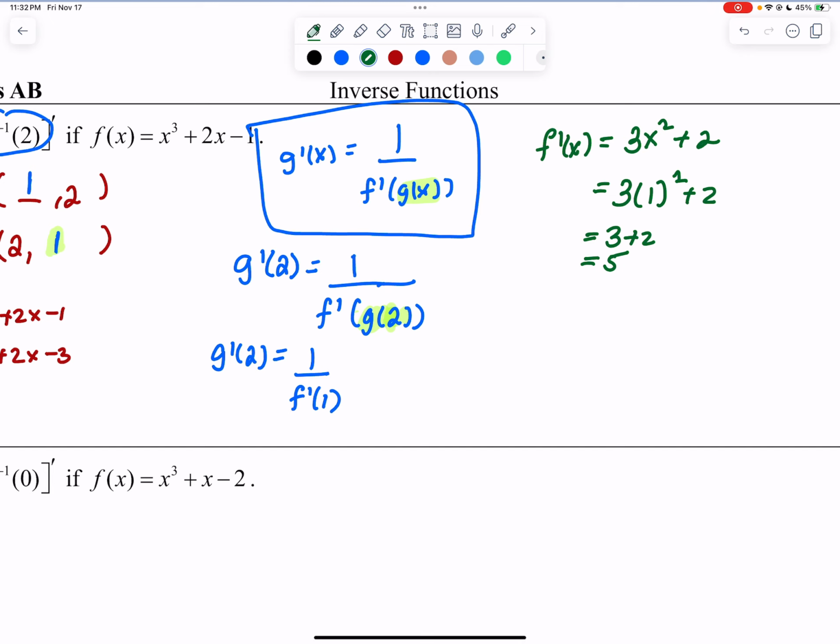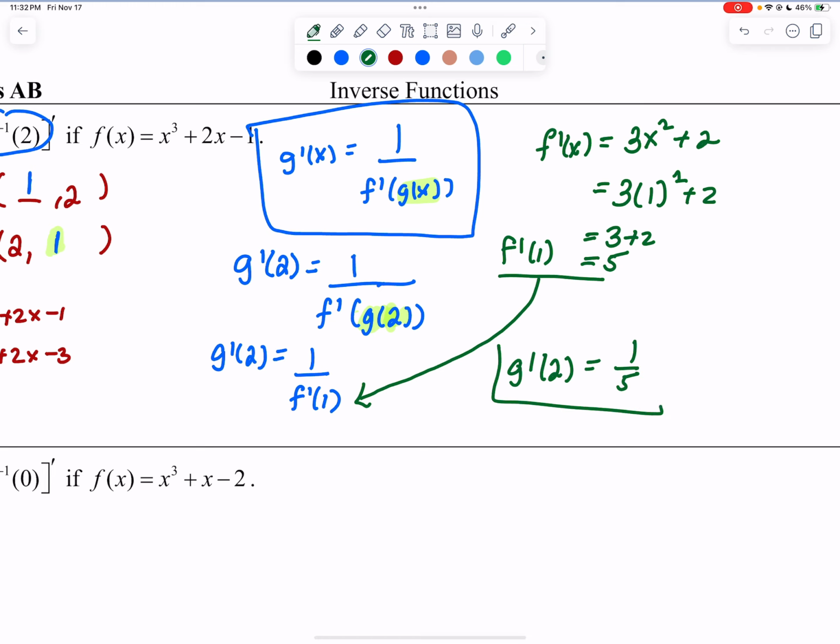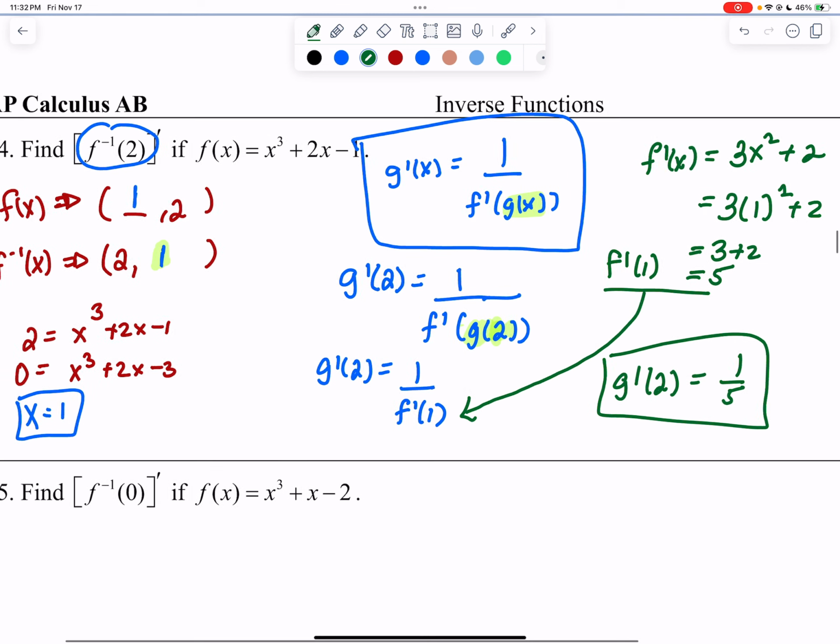So this is saying that f prime of 1 is 5. I'm going to use substitution here, meaning that g prime of 2 is going to be 1 over 5, so 1/5. And remember that g prime of 2 in this case is going to be the inverse derivative at 2.